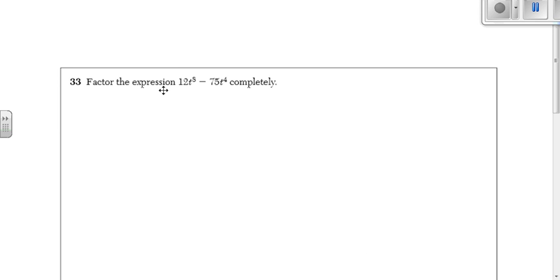Factor completely. We're looking at what we can take out. I see that we have 3 common and t to the 4th common. And we can do that with 3t to the 4th times 4t to the 4th minus 25. Oh sorry, that's 4t to the 4th.